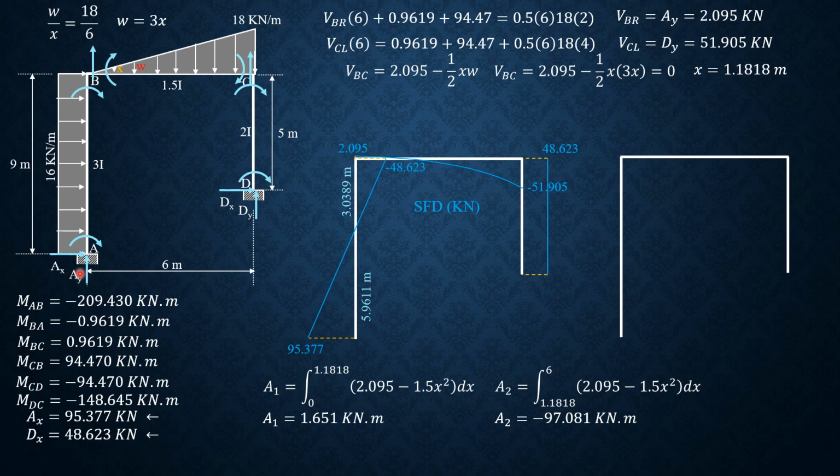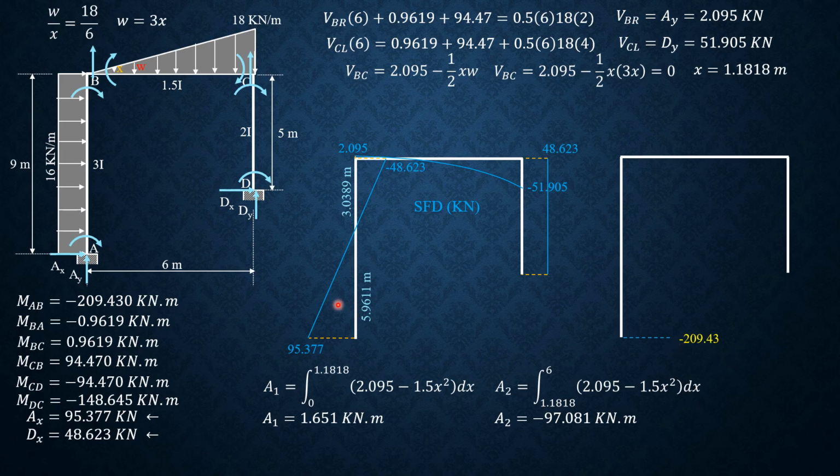So moment A, this is the top fiber, AB is negative, so that's counterclockwise. This is the left, that's the right. So it begins with negative moment here, and it is negative 209.43 kilonewton meter.